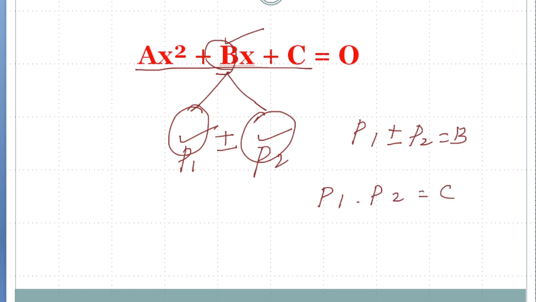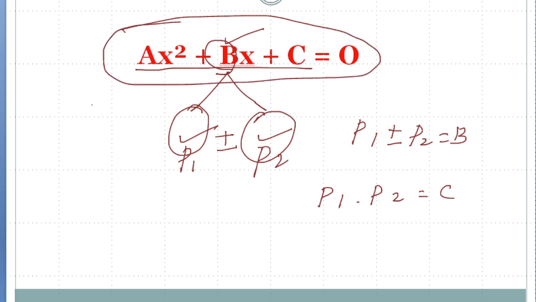Then this equation will be converted to grouping factorization, and then you can easily calculate it.